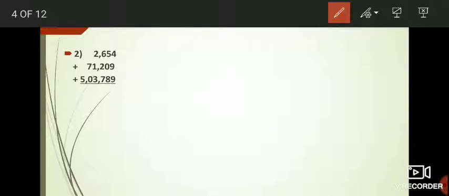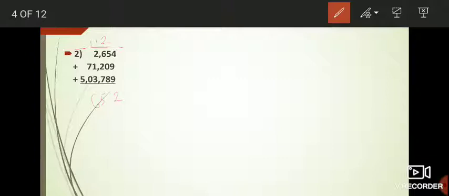Okay, students. Now 9 plus 9 plus 4, how much, students? 9 plus 9 is 18. 18 plus 4 is 22. So 2 is carried over here. 5 plus 2 plus 8. Yes, correct. 15. 1 carried over. 6 plus 1 plus 2 plus 7, how much, students? 16. Again 1 carried over here. 2 plus 1 plus 3 plus 1.